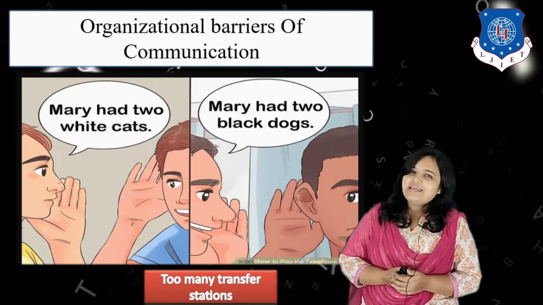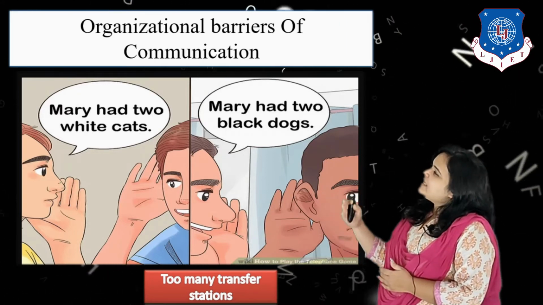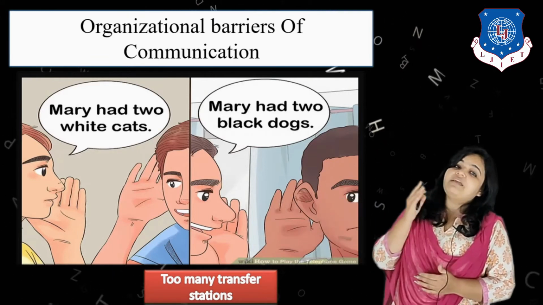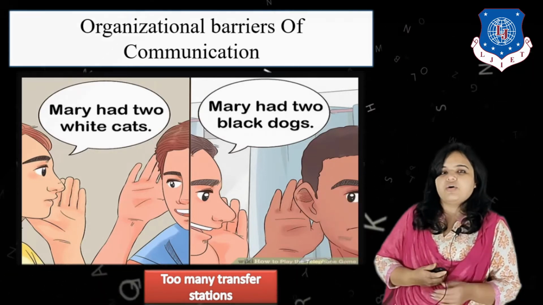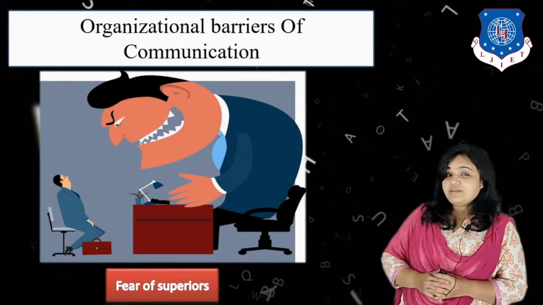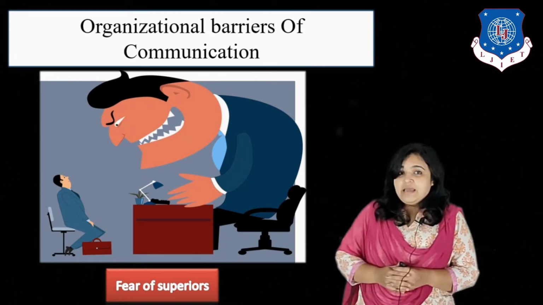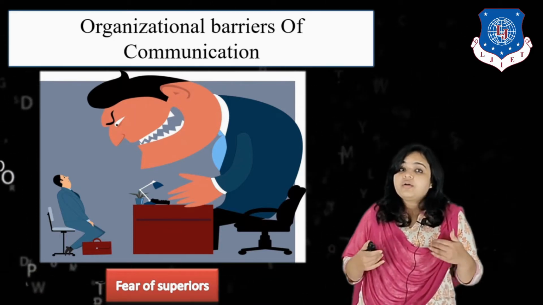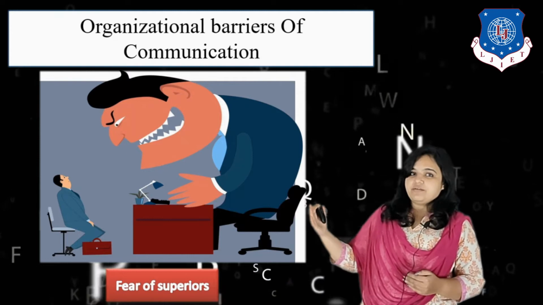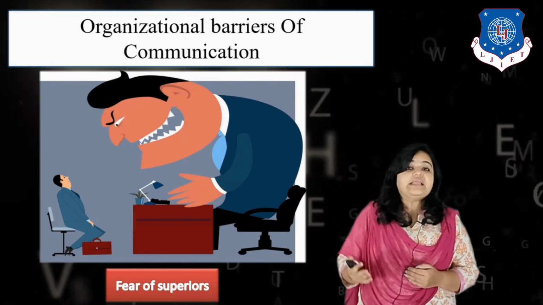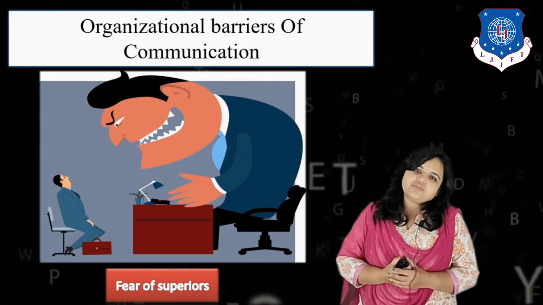Make sure that you try to lessen the number of transfer stations to make sure communication effectively takes place in any organization. The next problem is fear of superiors. Yes, many of the employees are in awe or fear of their superiors and they do not communicate correctly or frankly in fear of their bosses.